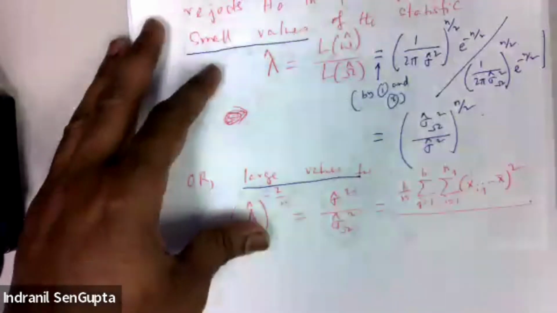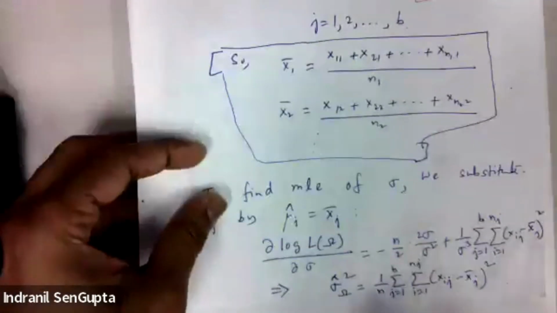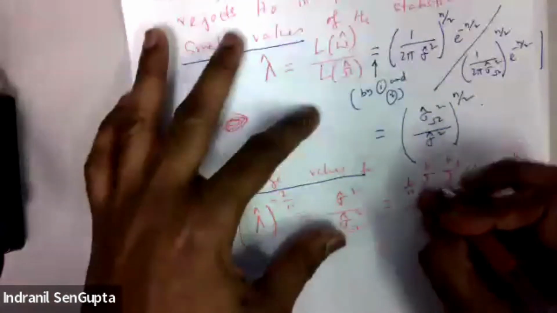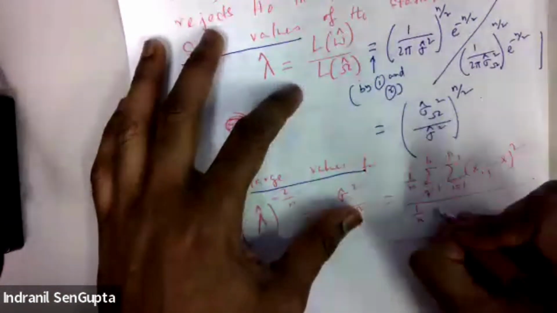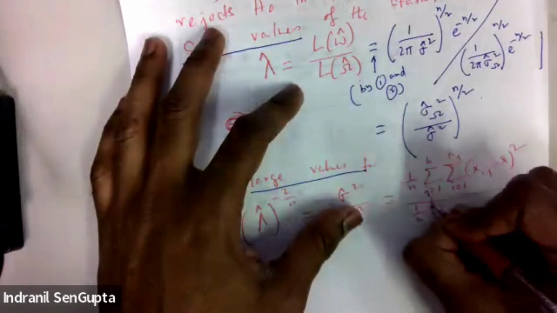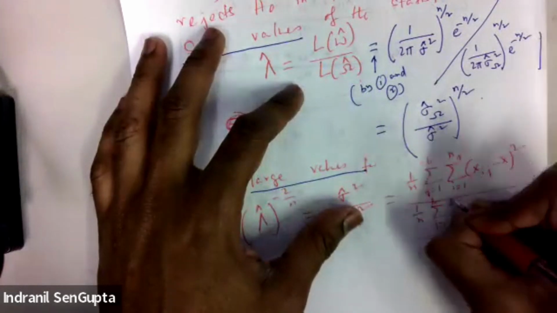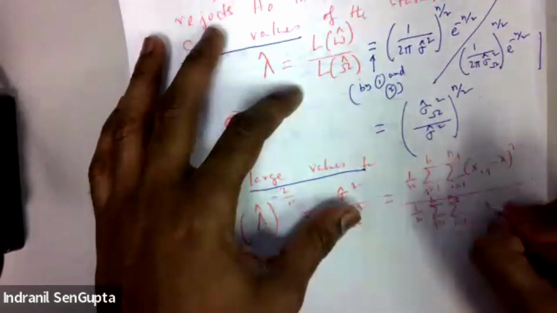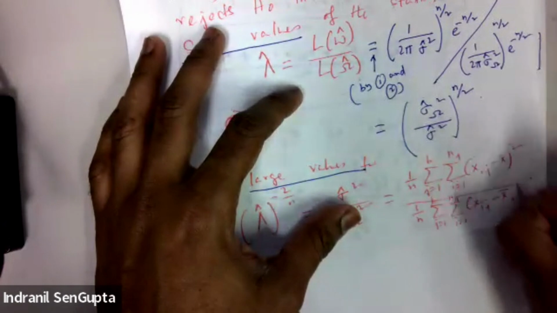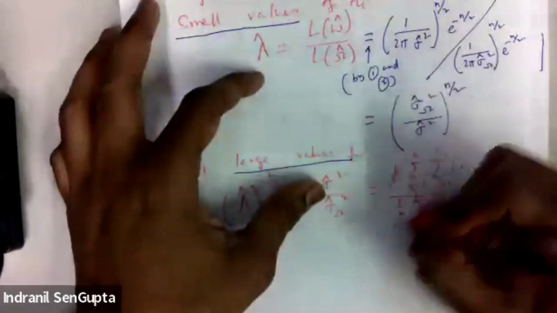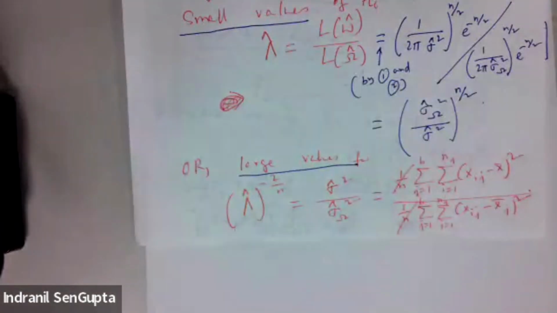That is sigma hat squared, and sigma omega squared is something we have just computed right here. So it's 1 over n, summation j from 1 to b, i from 1 to n sub j, xij minus xj bar squared. So you can cancel j and j, and we have this one.